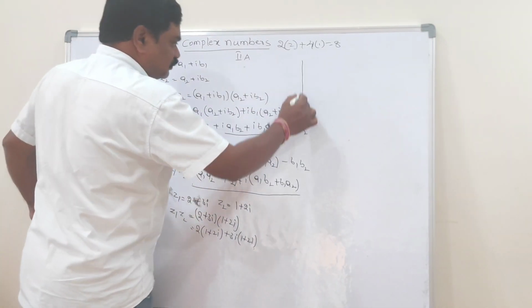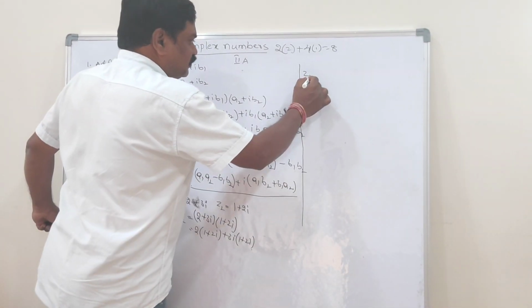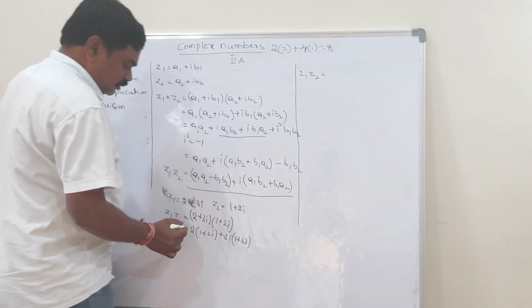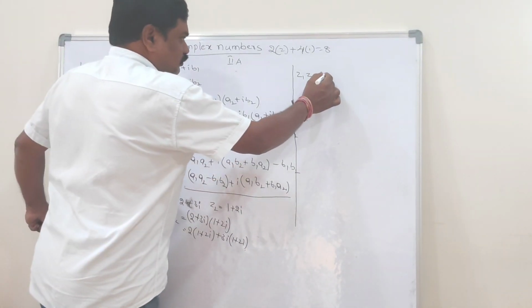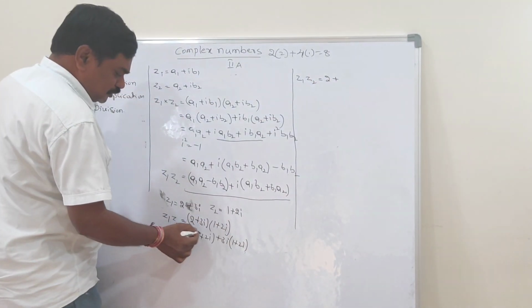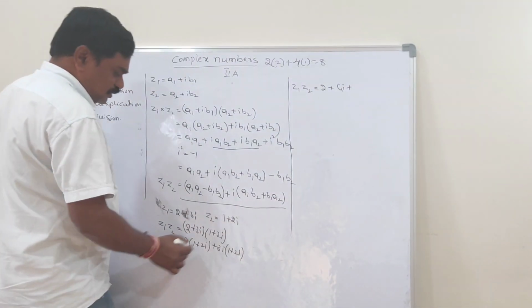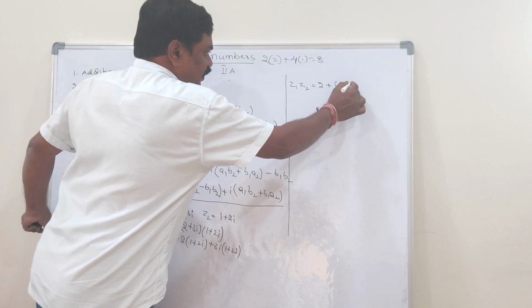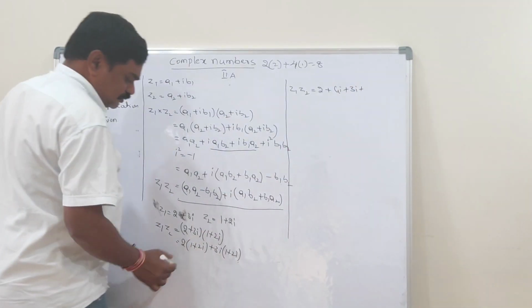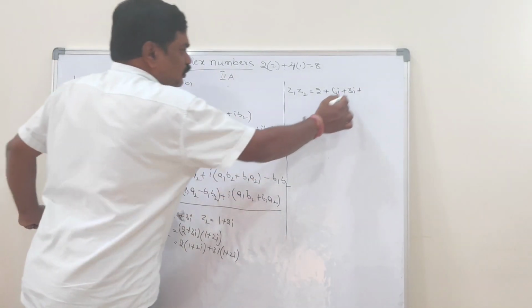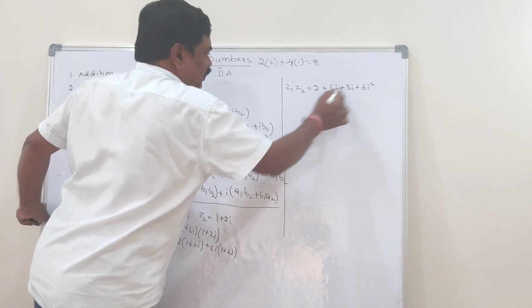This is equal to 2 into 1, 2, plus 2 into 2i, 4i, plus 3i into 1, 3i, plus 3i into 2i, 6i square.